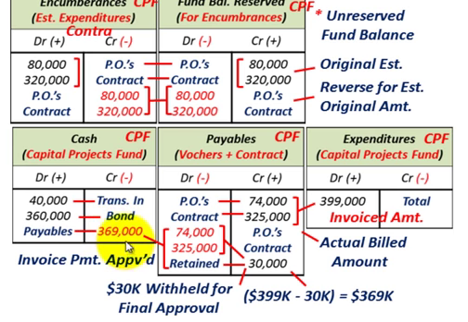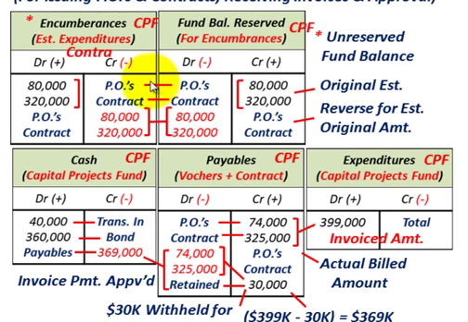Okay, so now let's go down, and so we've taken care of issuing our POs and our contracts here, and receiving any invoices on those POs and contracts. Just remember, use the encumbrance system on those capital projects when you're talking about governmental accounting, where you have to set up an encumbrance based on the original estimate price that you have on your purchase orders and your contracts.